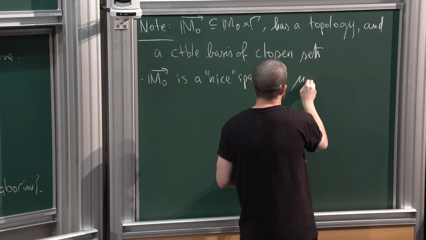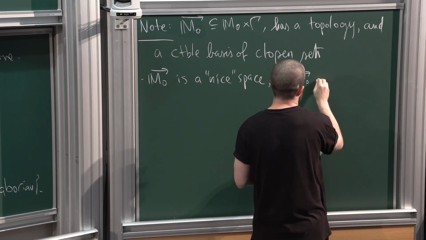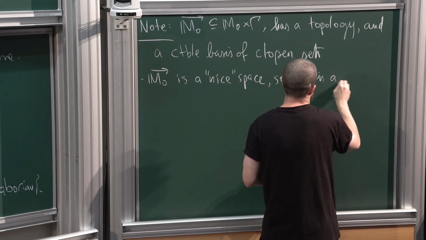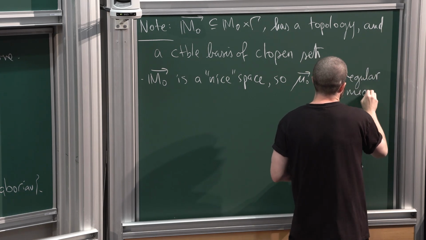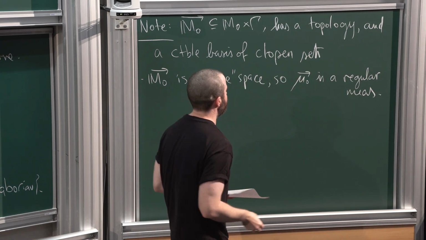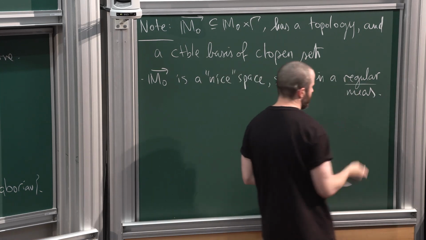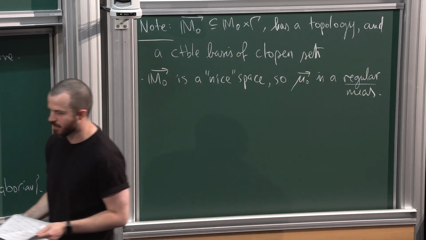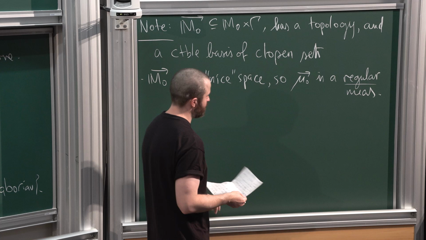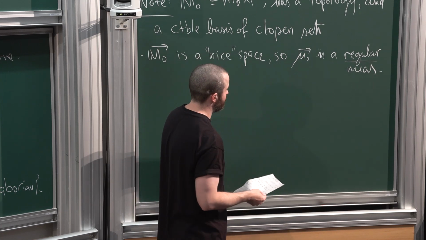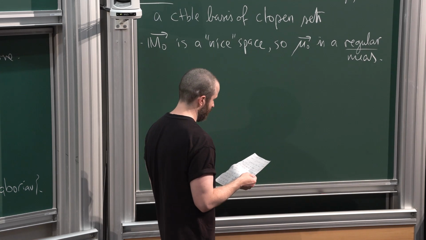It implies that this arrow measure is a regular measure. Depending on your background, maybe you know or don't know this term. When I say a measure is regular, what I mean is that the measure of any set is the infimum of the measures of open sets that contain it. Any nice measure on a nice space has this property.